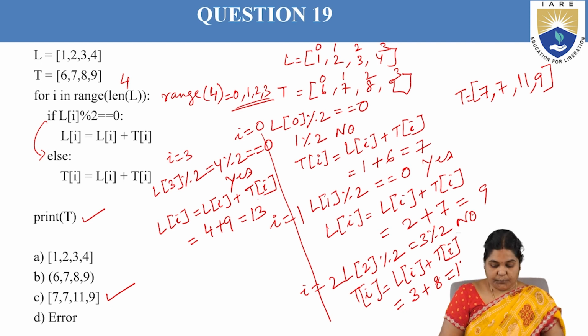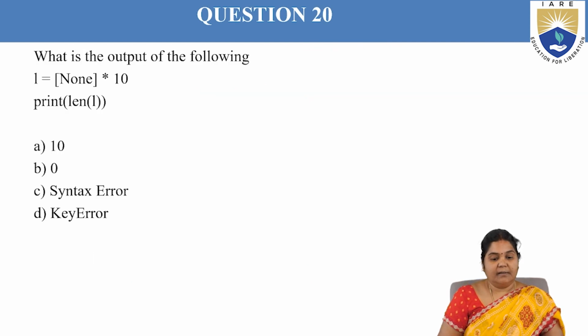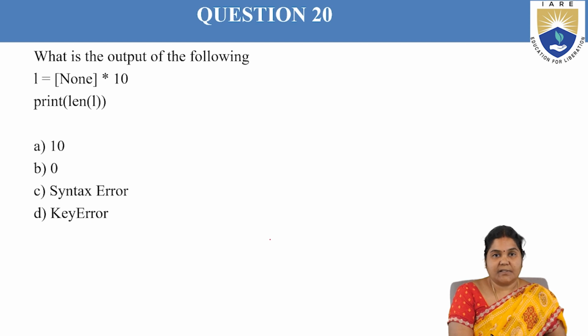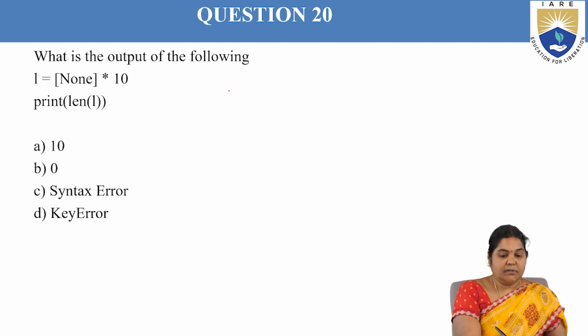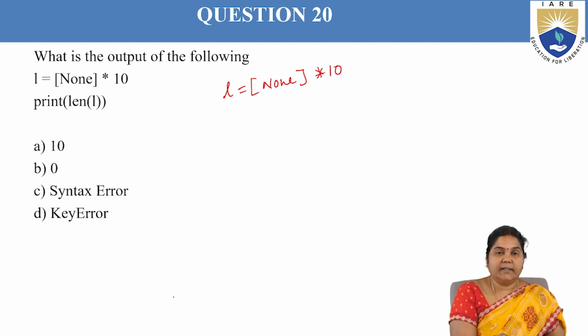Okay. Now, let us move on to the next question. This is a very interesting question: what is the output of the following? A list is formed by repeating None 10 times. In Python, None is a valid data type which is neither 0 nor an empty value.